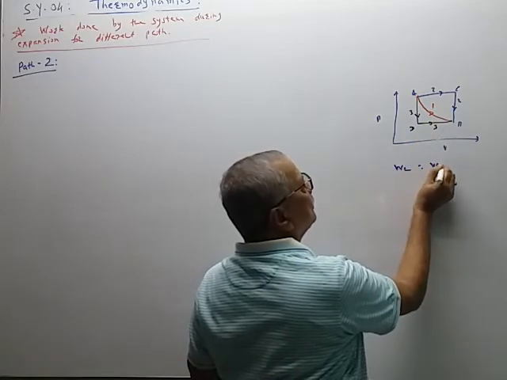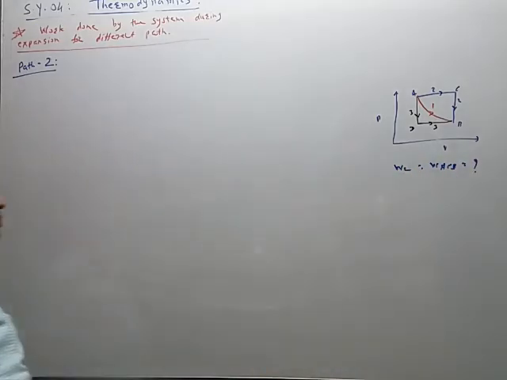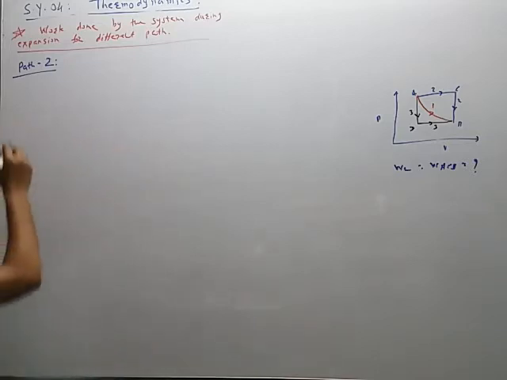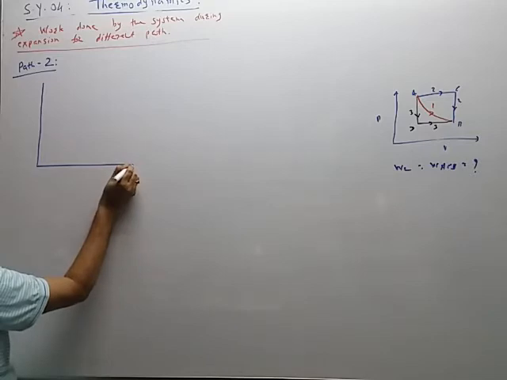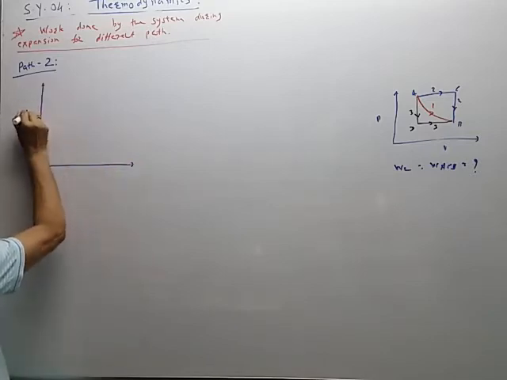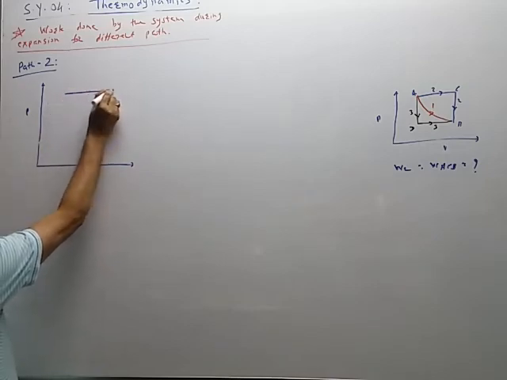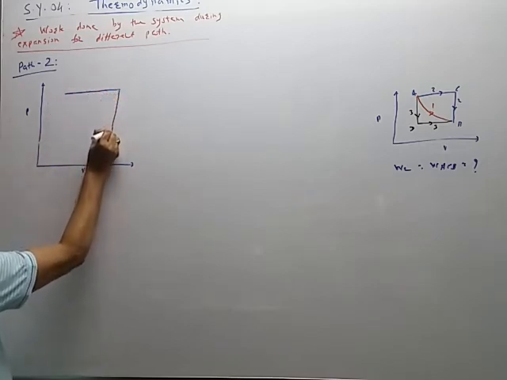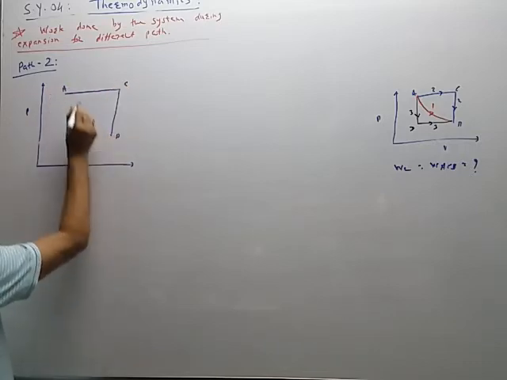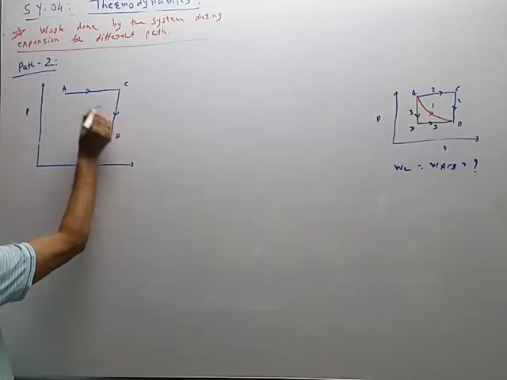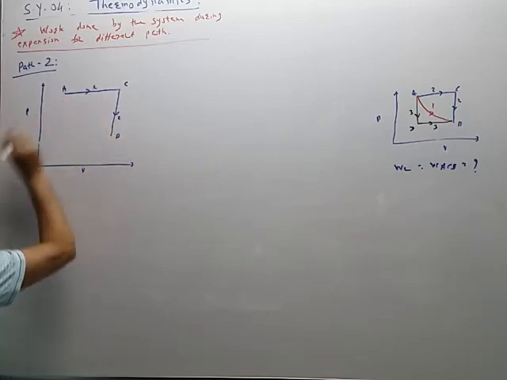W2 is equal to WACB. First let us look at this case. So see the path. Pressure axis, volume axis, and the change in the state is like this: A, C, B, A to C, C to B. Path number 2, like this.